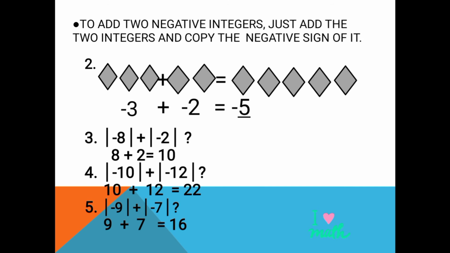So, take out all the absolute symbols. 10 plus 12 is equal to 22. The same with number 5. The absolute value of negative 9 added to the absolute value of negative 7. Get rid again of the absolute sign. Then 9 plus 7 is equal to 16. That's it. That's a very easy topic.